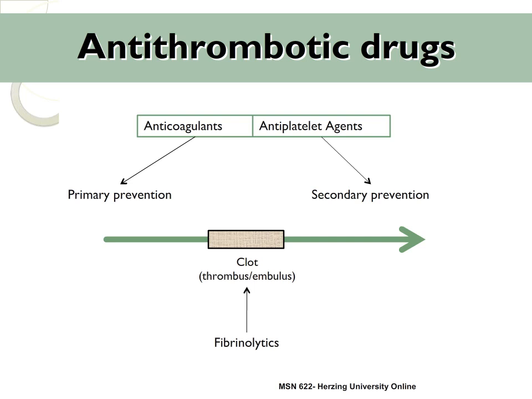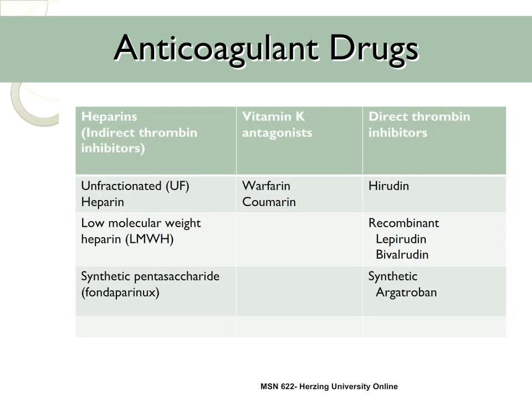Proteolysis of the fibrin meshwork will remove the platelet plug. Anticoagulants are used as primary prevention, antiplatelets for secondary, and fibrinolytics basically to dissolve the clot. So you have heparins, which are indirect thrombin inhibitors, you have vitamin K antagonists, and then you have direct thrombin inhibitors.